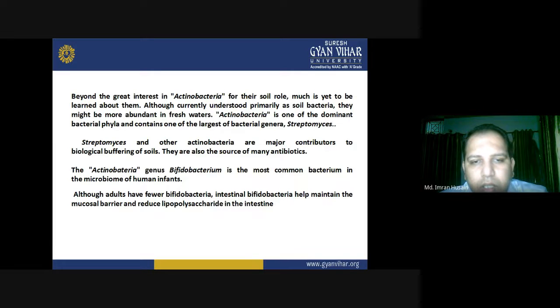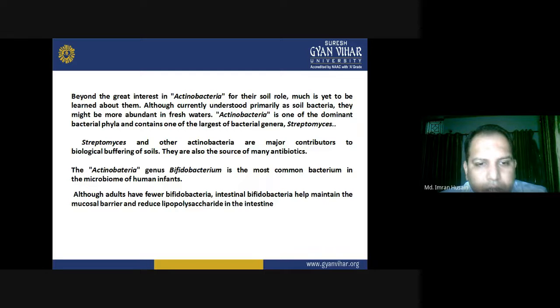Streptomyces and other actinobacteria are major contributors to the biological buffering of soil. They are also the source of many antibiotics. So they create a buffer in the soil which can resist changes in pH very easily, and they also contribute to the development of a lot of antibiotics.